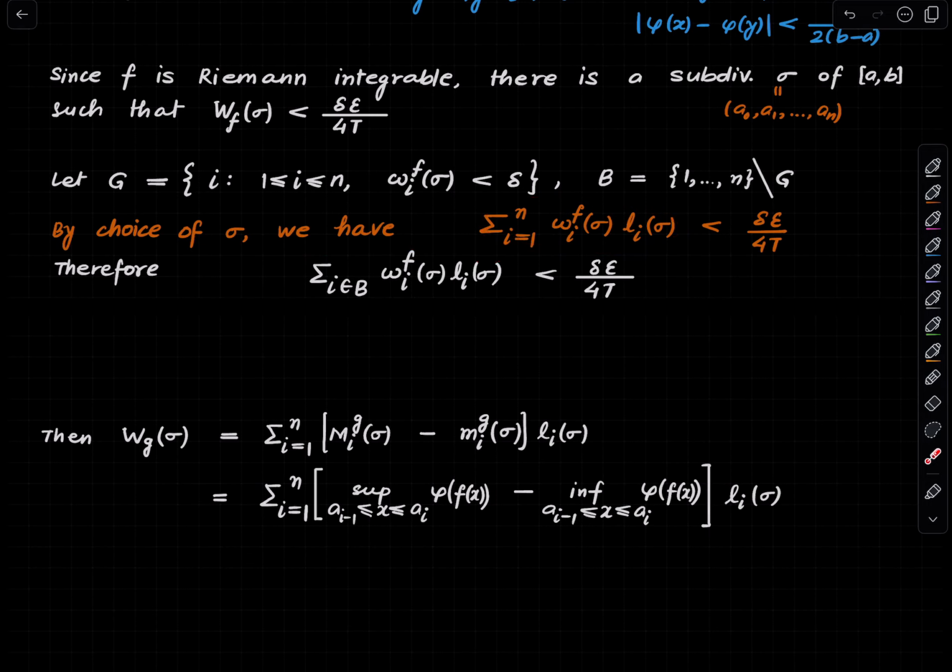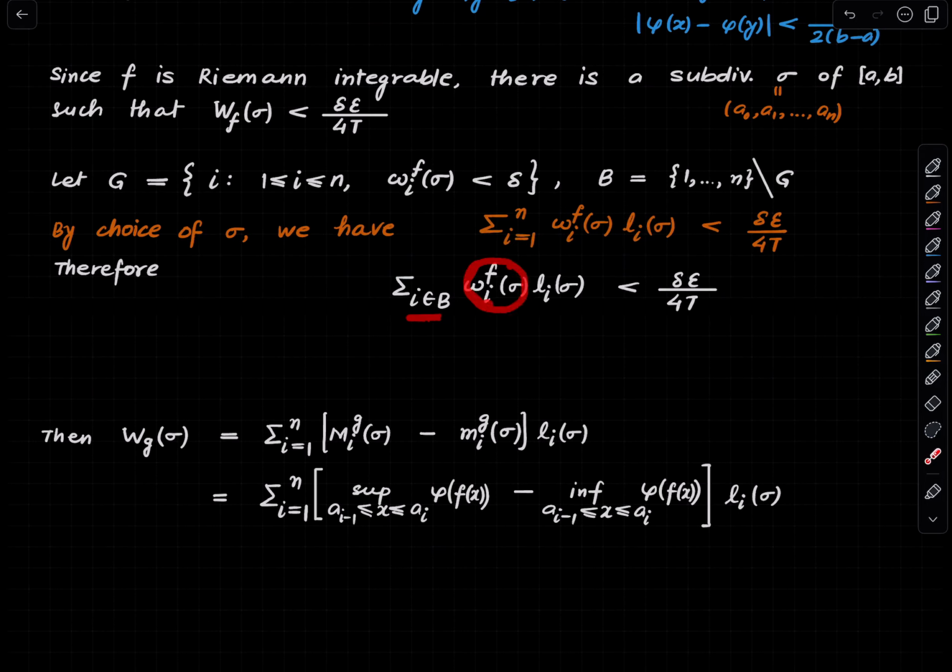Okay. But by definition of badness, this dominates something. What does it dominate? Since i is running over bad parts, this is at least delta for each i over the bad parts, right? The good parts is where this is less than delta. So the bad parts is where this is at least delta. So this is at least the sum over i in B of delta times the length of the ith part of sigma, right?